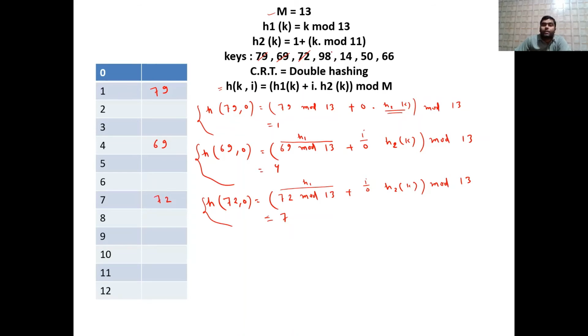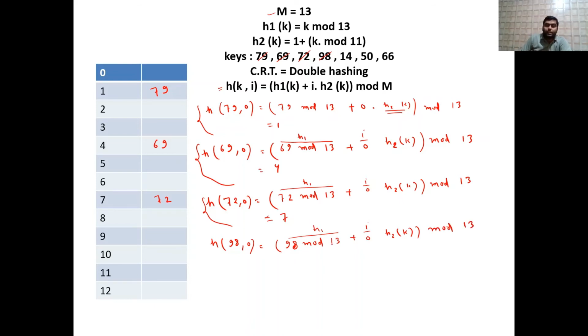Okay, finally 98. So in case of 98, h of 98 comma 0. Observe very carefully. So it is 98 mod of 13. So this is our h1 and plus what is the value of i? So i is 0 in this case, and h2 whatever value, because this has to be 0, it is being multiplied by 0, and mod is mod with 13.